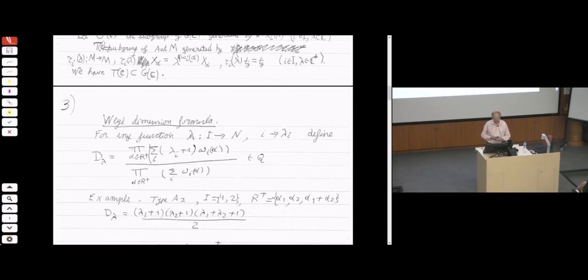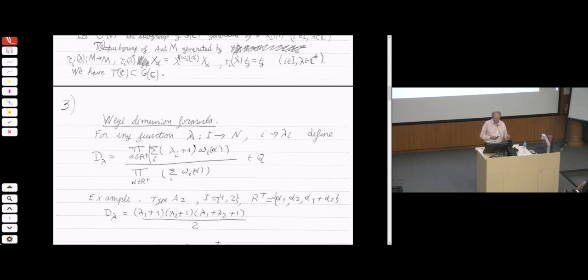So assume I have a function from the vertices of my graph to natural numbers, i goes to lambda i. And then there is something called the Weyl dimension formula, which attaches to lambda some rational number d lambda, a product over positive roots of something divided by a product over positive roots of something else.